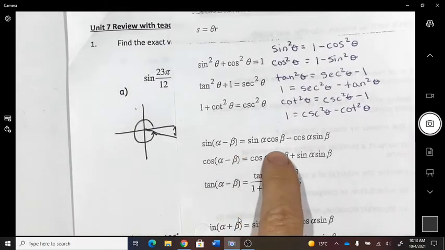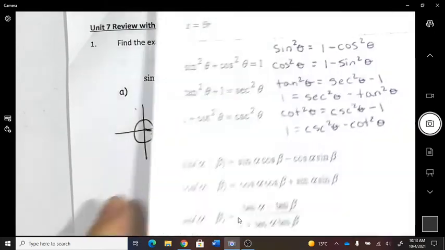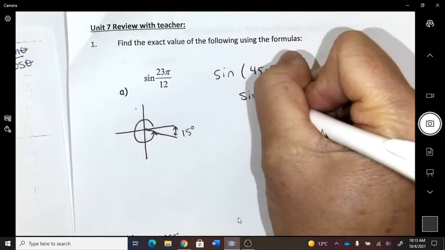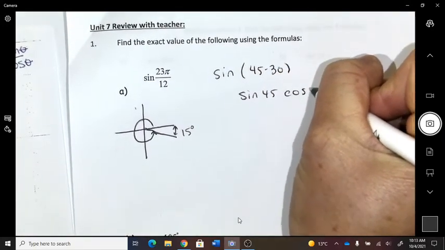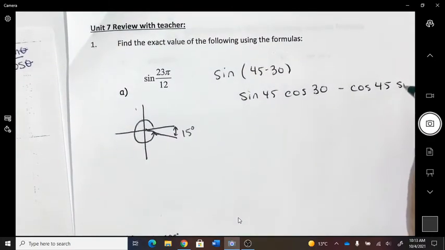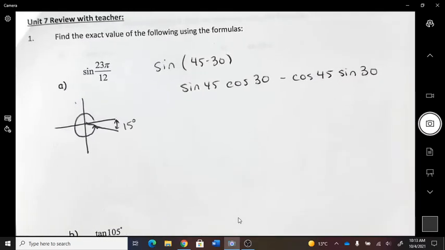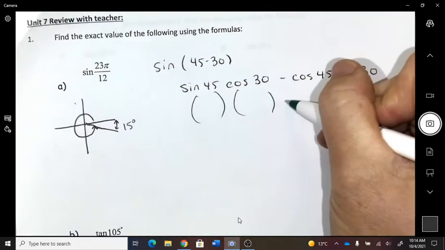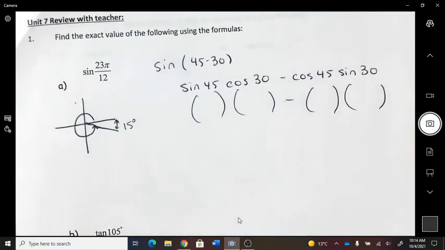So you're doing a sine cos, subtract a cos sine. Okay, so I'm going to be filling in 4 values. So I'm going to set myself up there.